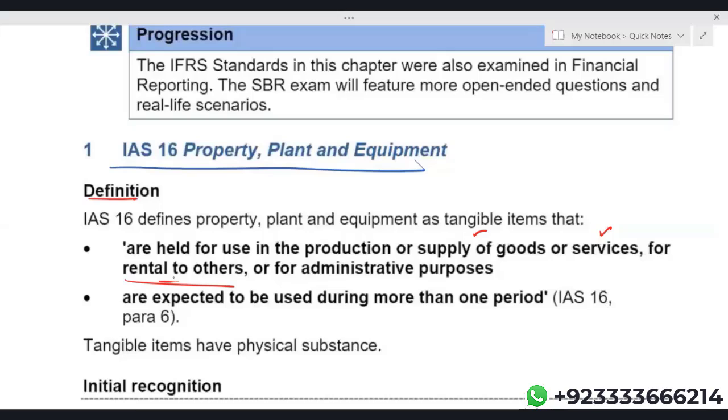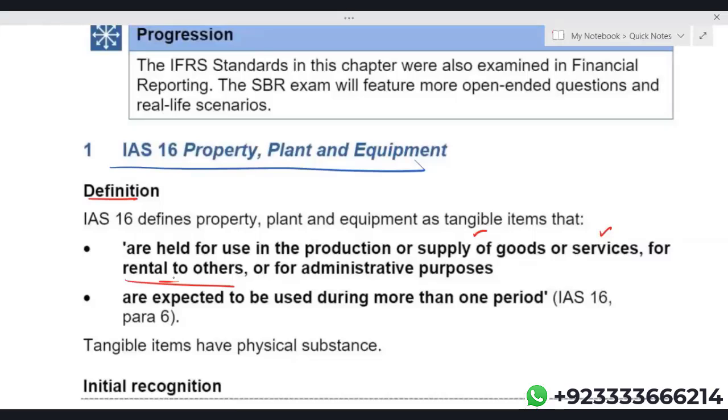It's very simple. In IAS 16, when we are providing properties on rent, we do not only provide property on rent, we do provide significant ancillary services as well. The best example for this is hotel properties. Obviously, in hotel properties, we are not providing only a room on rent.